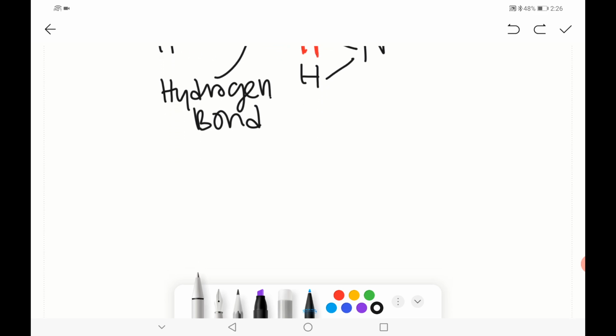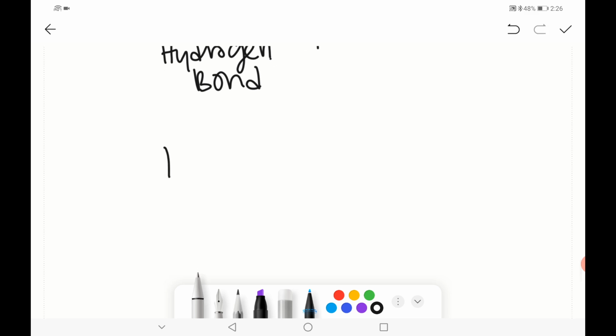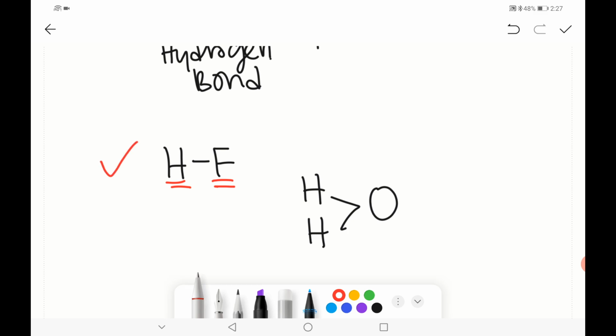Example is here. Let's say we have hydrogen fluoride and we have water. They can form hydrogen bond because why? Hydrogen fluoride is qualified to do hydrogen bond because hydrogen fluoride has H, FON. Water is also qualified to form hydrogen bond because water has H and FON. So now we know these two fellas are capable of hydrogen bonding.